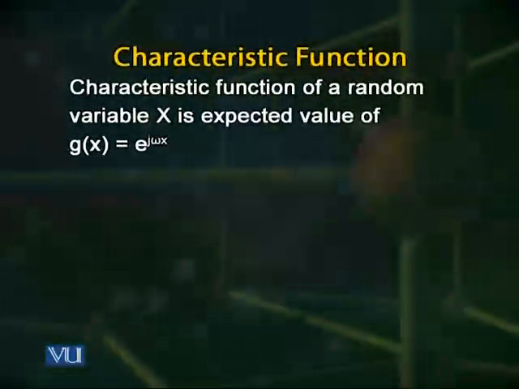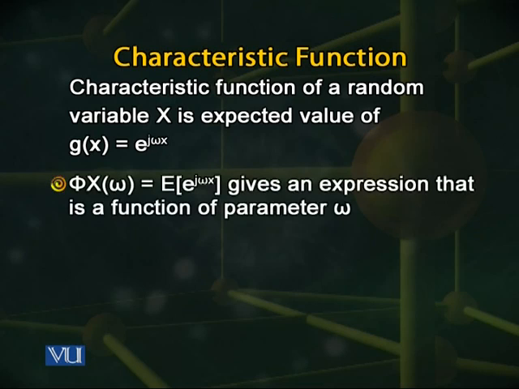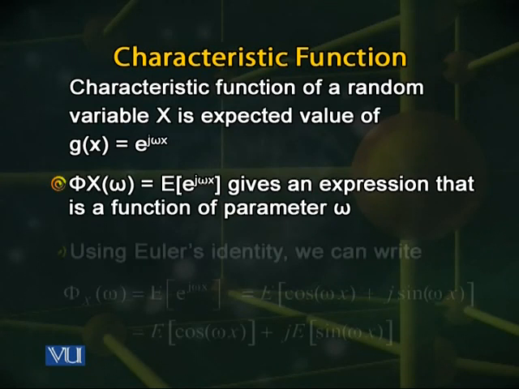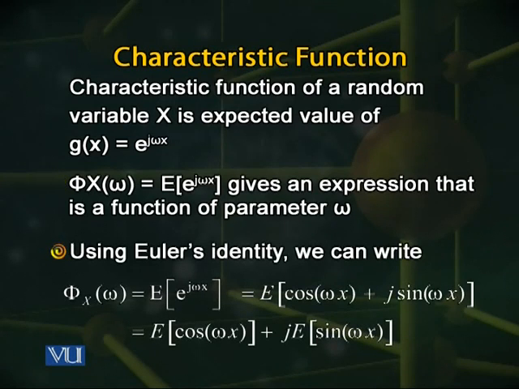Characteristic function of a random variable x is equal to expected value of e raised to power j times omega times x. So by introducing omega, we will get an expression, not a number, not a real valued number, not a complex valued number, but a complex valued expression which will be a function of omega, the new parameter that we introduced.